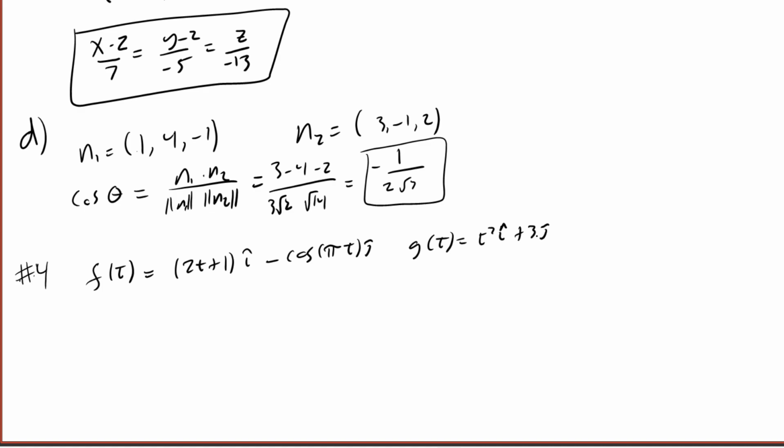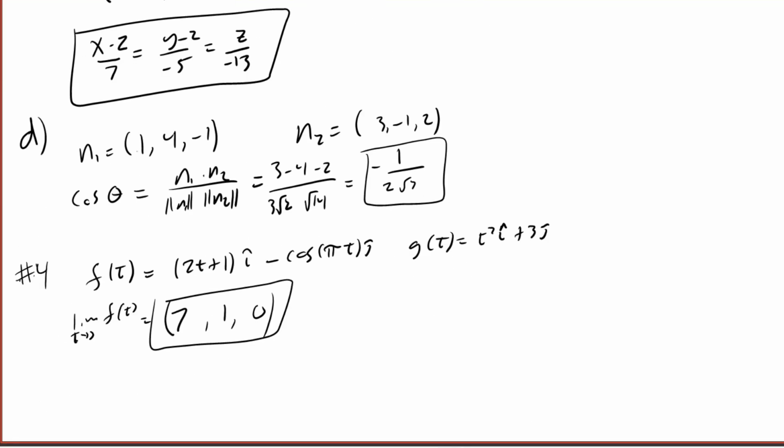I'm going to assume that these just have a 0 k component. Okay, limit as t goes to 3 of f. I just plug that in. So this is 6 plus 1, that's going to be 7. Here, if I plug in 3, that's cosine of 3 pi, which is the same as cosine of pi, which is negative 1, so that's going to be 1, 0. So that's the first part.